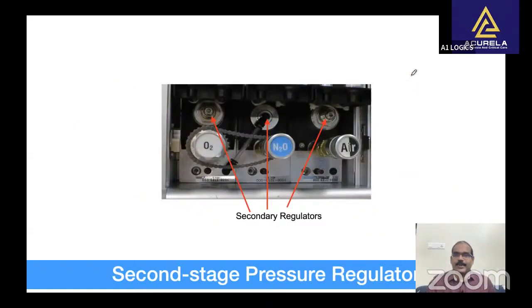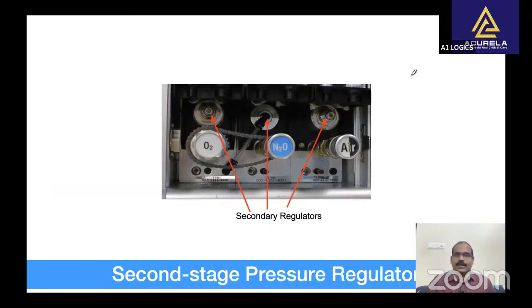Some machines have pressure regulators in the intermediate pressure system just upstream of the flow indicators. These receive gas from either the pipeline or the pressure regulator and reduce it further to around 26 psi for nitrous oxide and 14 psi for oxygen.